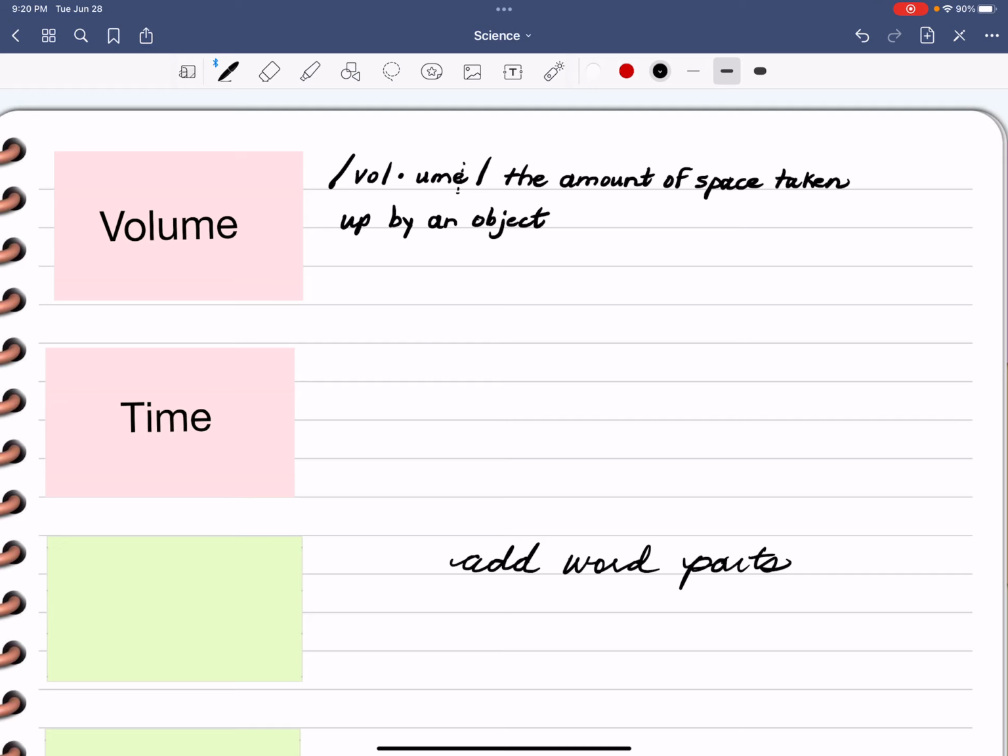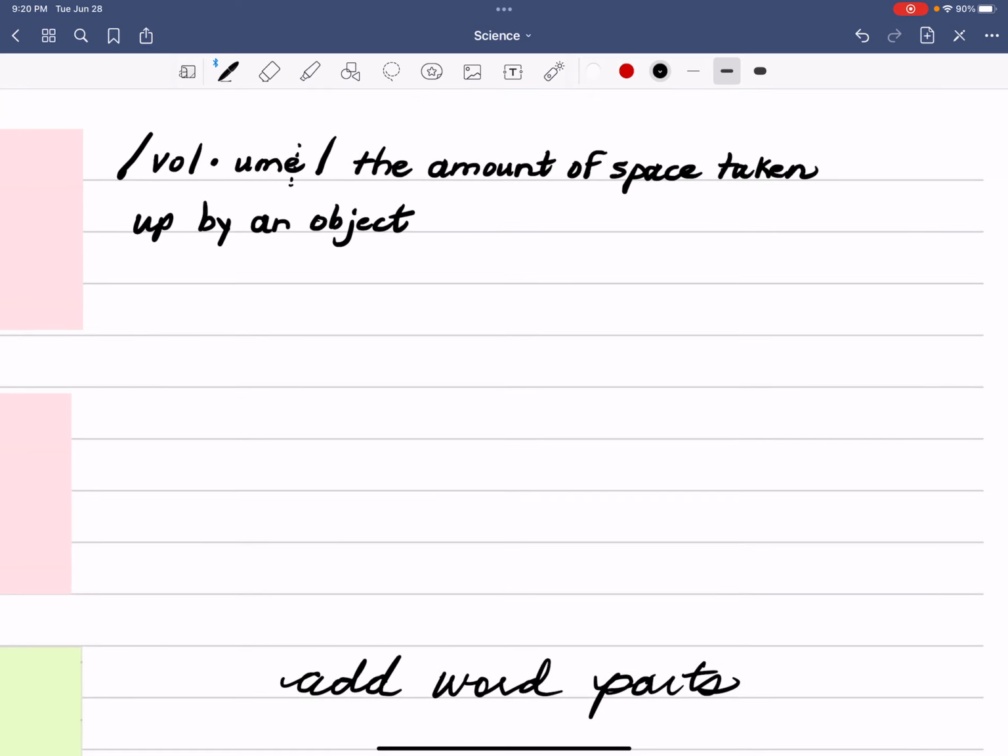And let me try to draw you another example. I am not an artist. But let's suppose that we have a can of soda that holds 12 ounces. And then I have another can of soda that holds 20 ounces.